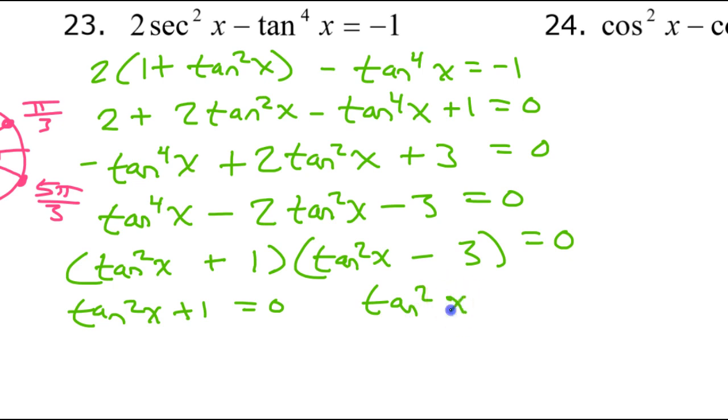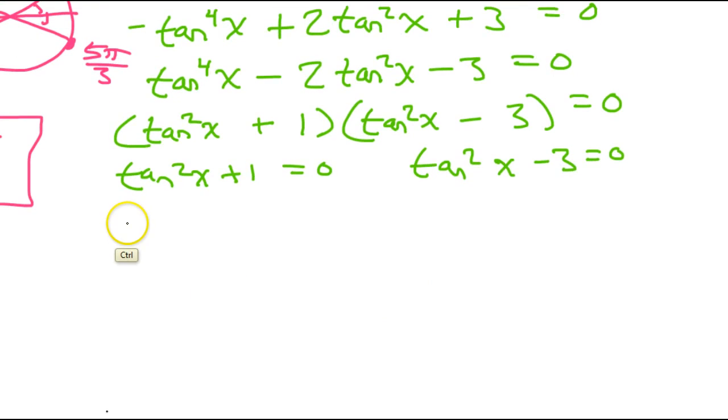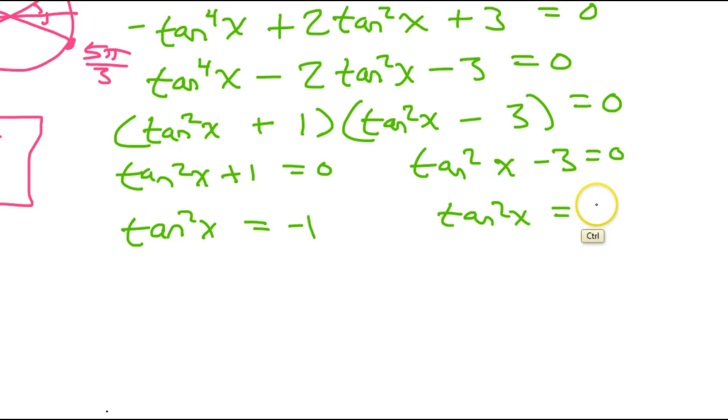Tangent squared x minus 3 is equal to 0. All right, so this is going to give me, subtracting 1 from both sides, tangent squared is equal to -1, and tangent squared is equal to +3.